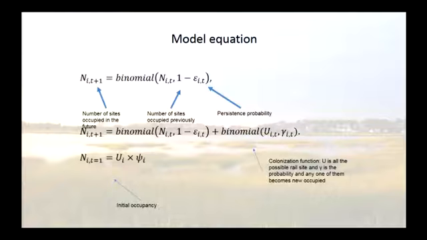And the U indicates the total number of possible sites in that region. And the initial number of sites occupied was also a random variable because we don't know where they are and how many there are. So your number of the sites initially occupied is a function of the total universe of sites times that initial occupancy probability.